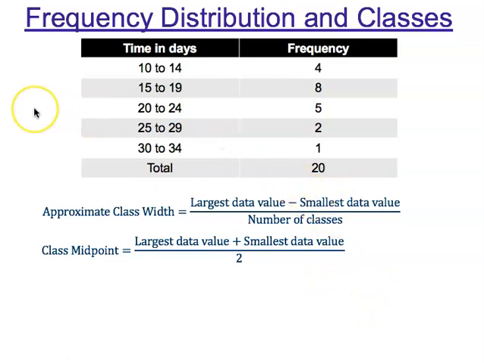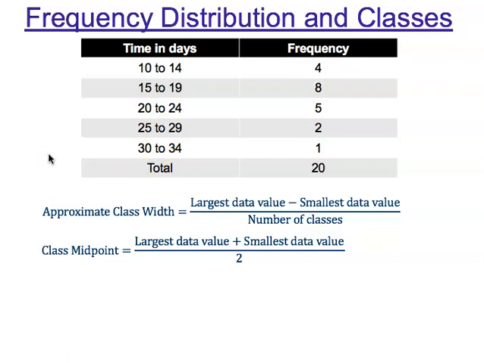Many times when you're looking at data, you'll have a range. For example, before constructing this table, the analyst probably saw that they have 10 days as the low end of their data set and 34 days as the high end. So before they constructed this table, they would have needed to determine how wide each of these classes needs to be in order to create the number of classes they want.